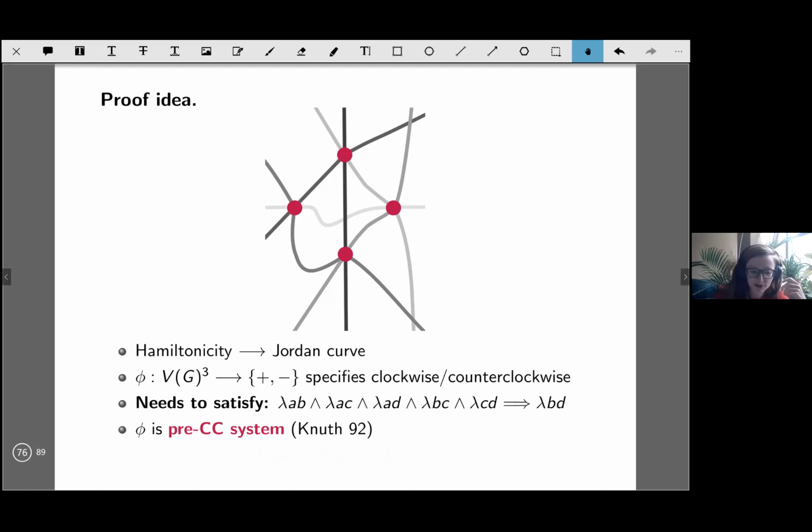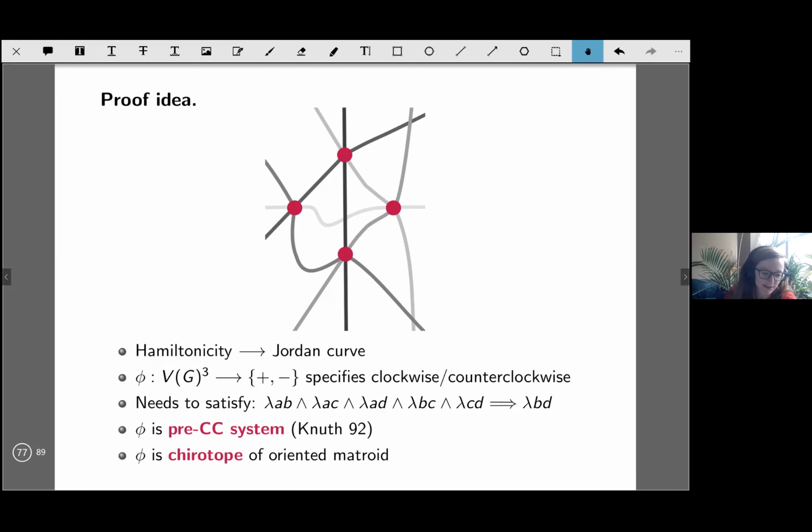And then finally, I mentioned that this is the four-term Plücker relation. So those are the three axioms for the chirotope of an oriented matroid: that the underlying set gives you a matroid, and then these other two things which relate to determinants, which is how I think about it. And so that means that phi is the chirotope of an oriented matroid, in fact a uniform oriented matroid.